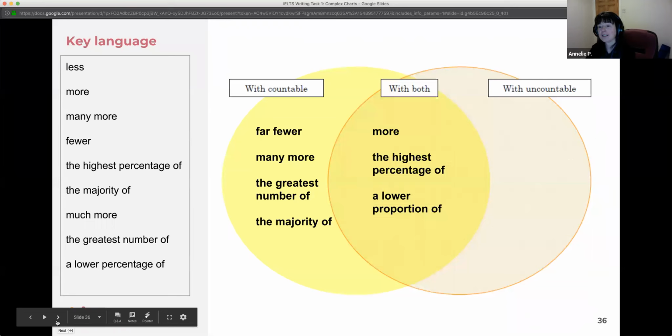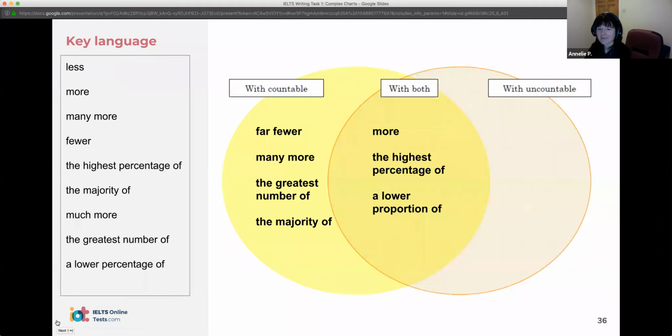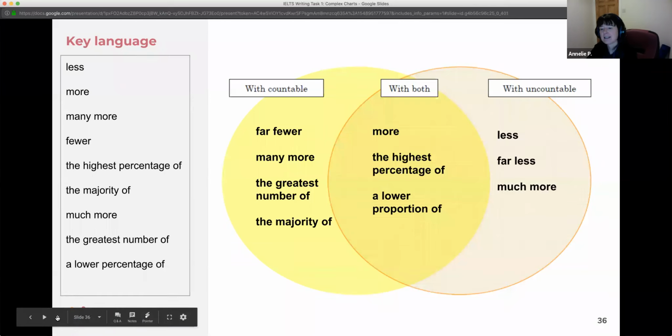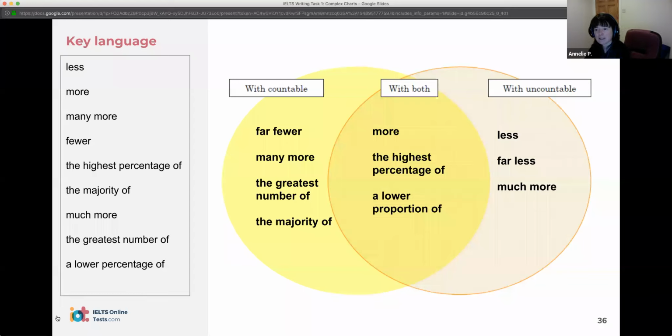So what can we use with uncountable? What's left? Okay, yeah, less. Okay, yeah, and much. Okay, less, far less, and much more. Okay, so do think about the categories, think about whether they're countable or uncountable, and make sure you're using the correct words depending on which one it is, or choose one of the ones in the middle where you can use it with all of them.